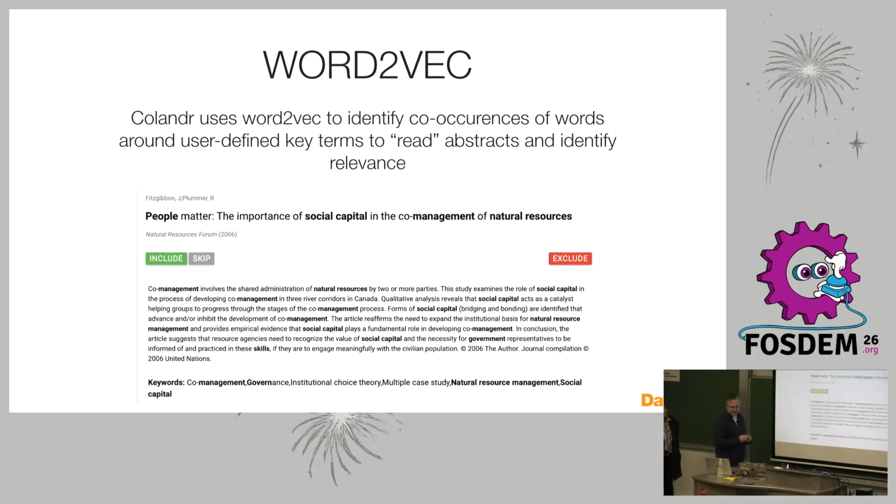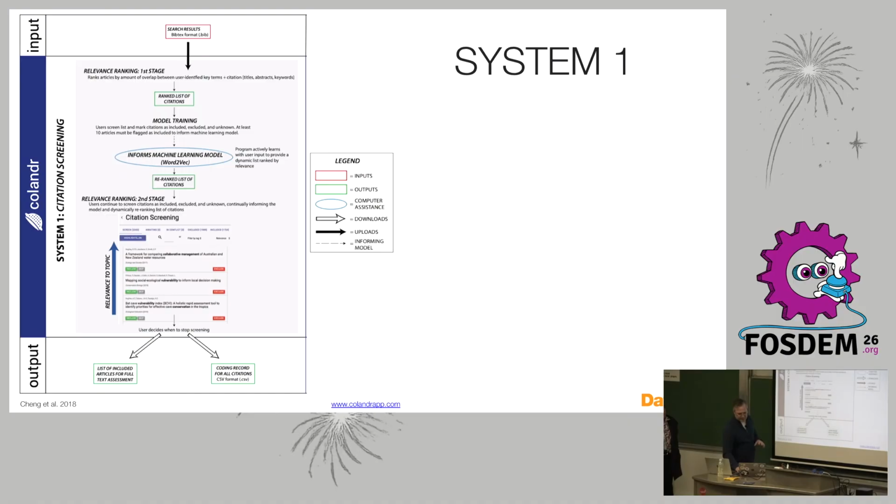And so the way Colandr uses this is we use it to identify co-occurrences of words around user-friendly key terms. And we actually read the abstracts and provide relevance to that. And this is what the System 1 diagram looks like.